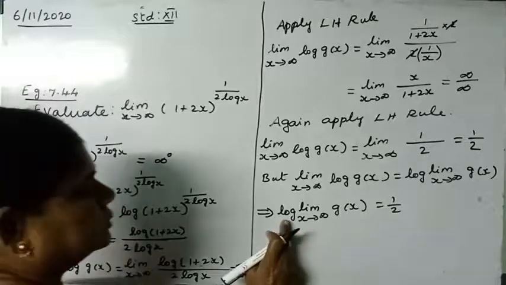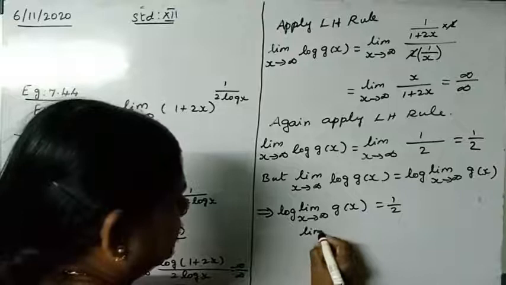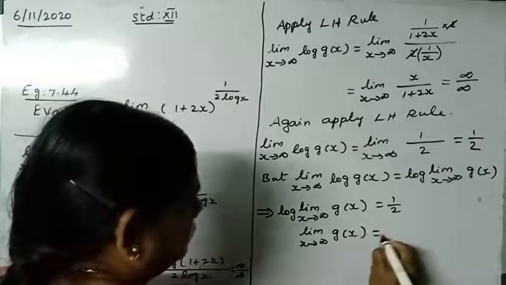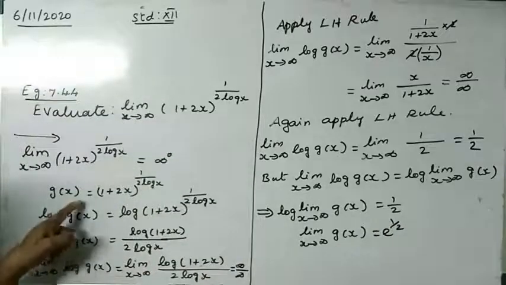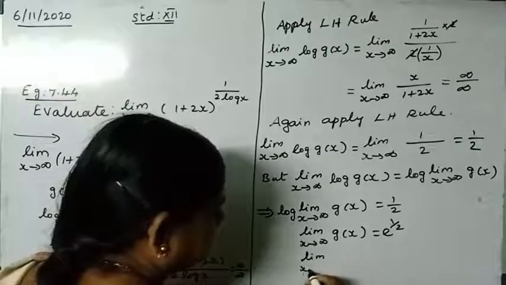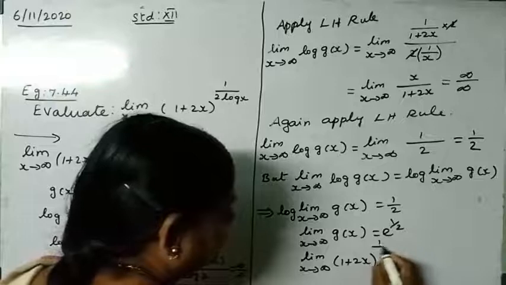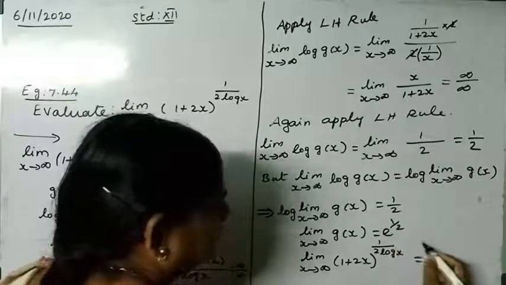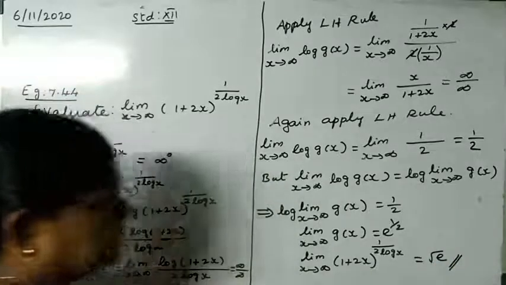When writing in exponential form, the log cancels, and it comes as e power 1/2. So limit x tends to infinity g of x is equal to e power 1/2. Now what is g of x? Substituting what we took here, limit x tends to infinity (1 plus 2x) to the whole power 1 by 2 log x is equal to e power 1/2, that is root e. So this is the answer.